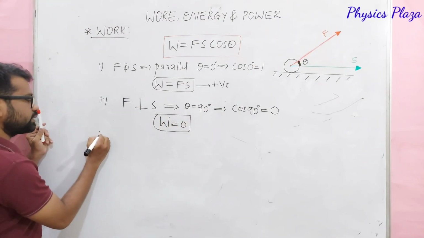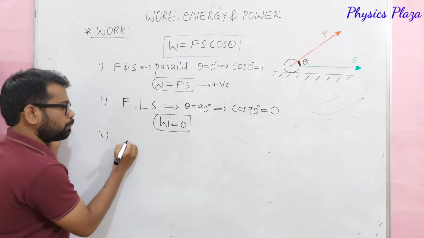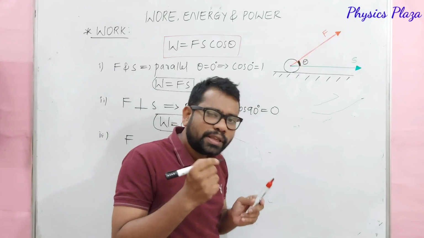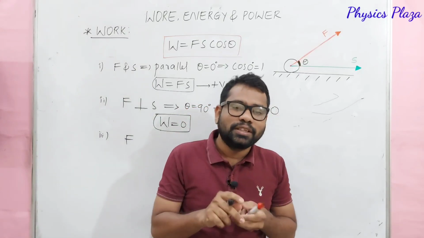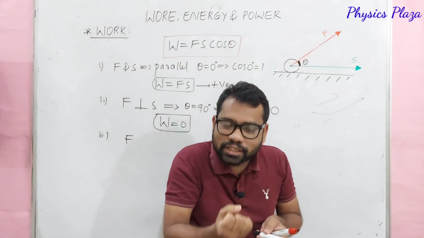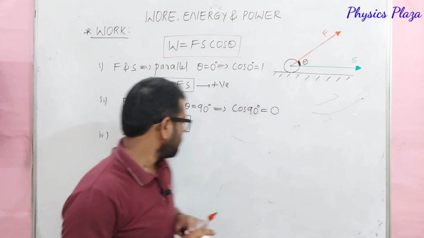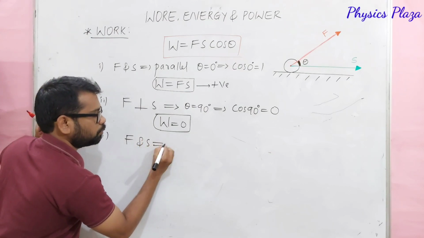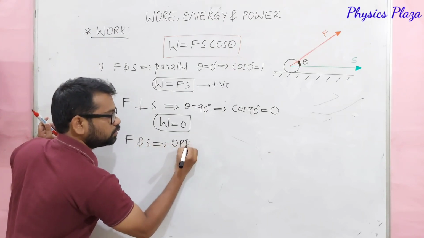Now let us see the third case. If force is applied in such a way that the body is displaced in the opposite direction, the best example is a body moving vertically upwards. Gravity is acting in the downward direction, but the body is moving vertically upwards. Both F and S are opposite, anti-parallel.